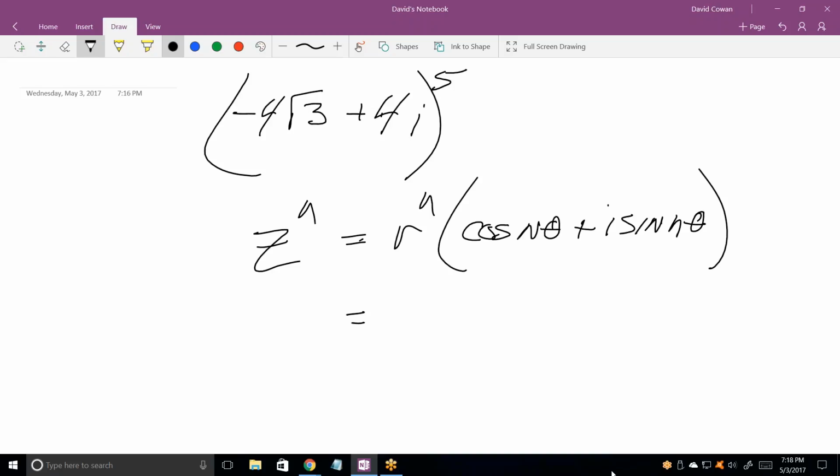That must be 12 plus 16, square root of 28, 2 root 7. Is that what you got? In other words, r is the square root of a squared plus b squared.